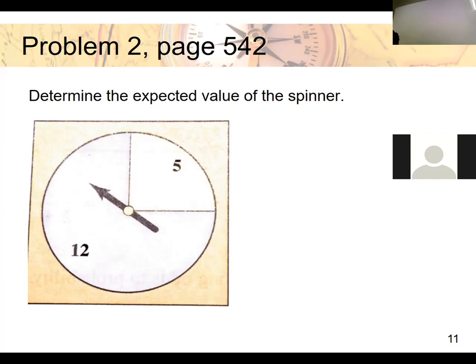Okay, let's find out what their probabilities are going to be. In this case, the probability of getting a 5 and the probability of getting a 12. For 5, it'll be 1/4 because that looks like 1/4. So that means the probability for 12 will have to be 3/4.